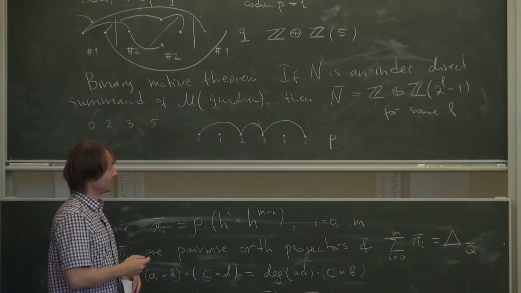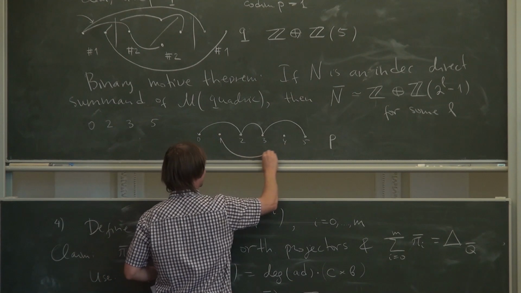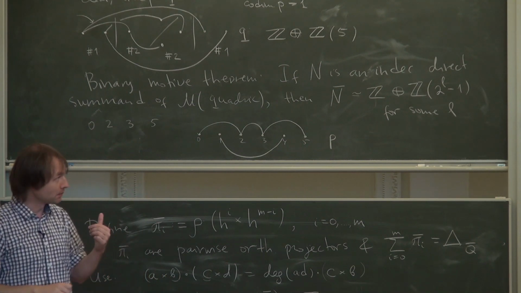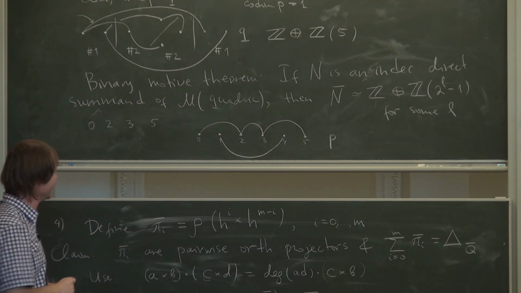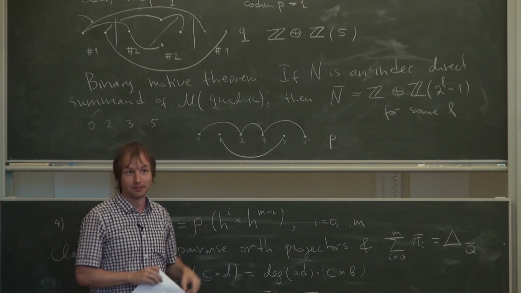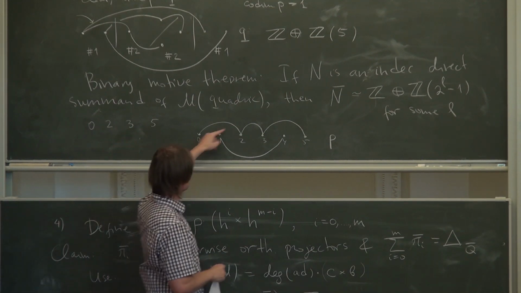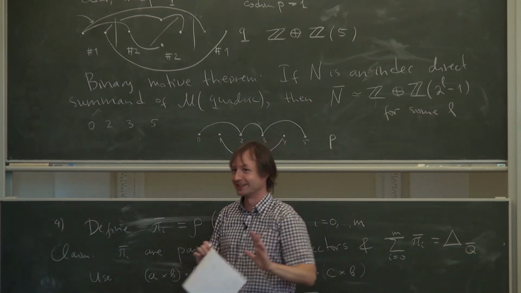Okay, but let's look at what remains. It remains that 1 is connected to 4. So we just proved that any subform of such an 8-dimensional quadratic form contains here in the middle, in the motive, a binary direct summand. Actually, the dimension is 1, 2, 3. So 3 is 2 power 2 minus 1. There is no contradiction.